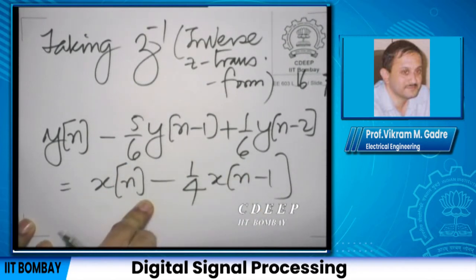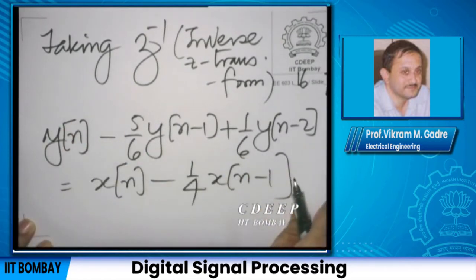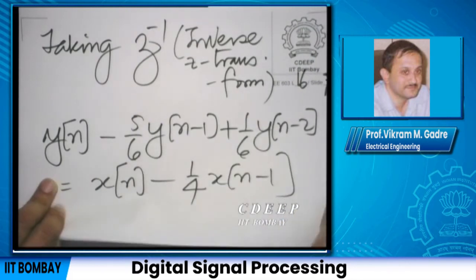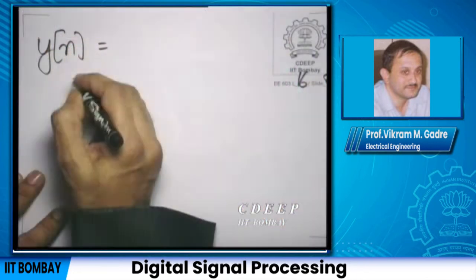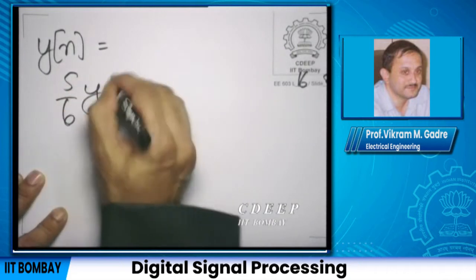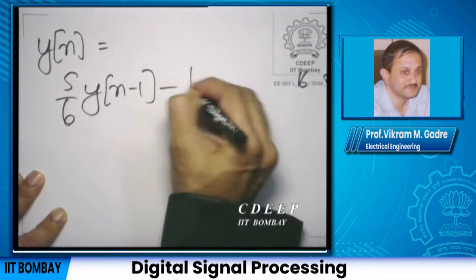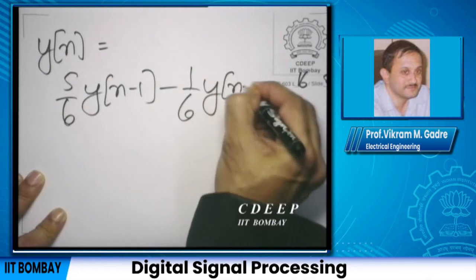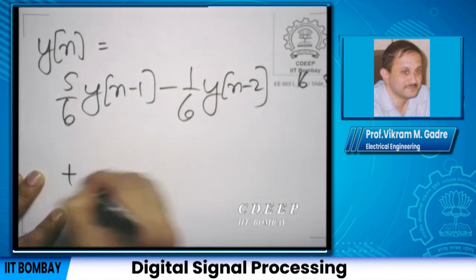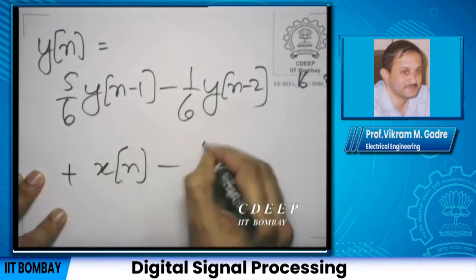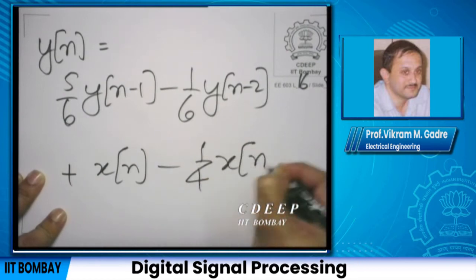So, we can keep y(n) on one side and move all the other terms to the other side. So, we have y(n) is 5 by 6 y(n minus 1) minus 1 by 6 y(n minus 2) plus x(n) minus 1 by 4 x(n minus 1).